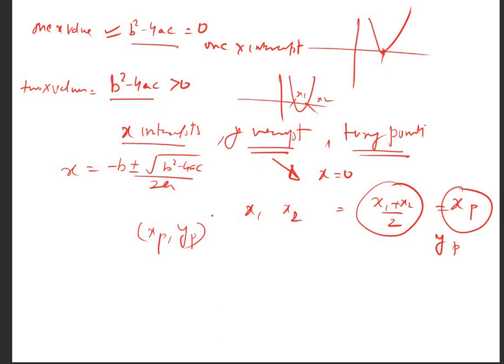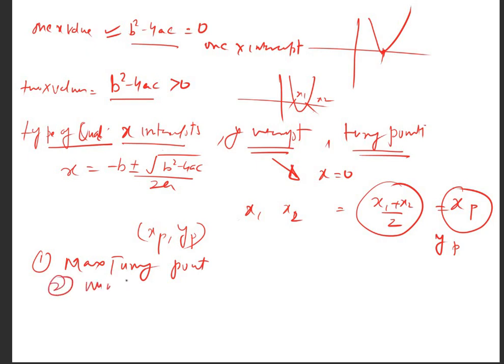Now, one more thing, which is the type of quadratic. There are two types. One is a max turning point. Second is the minimum turning point.